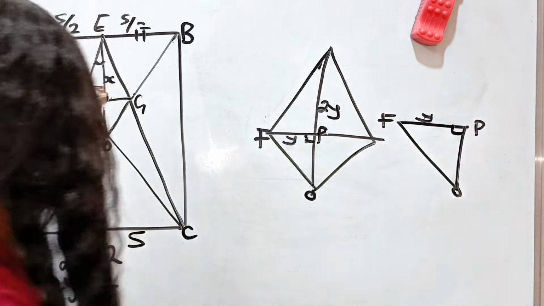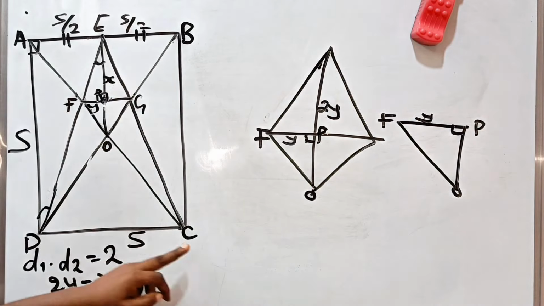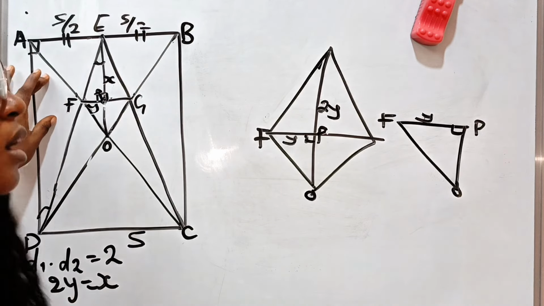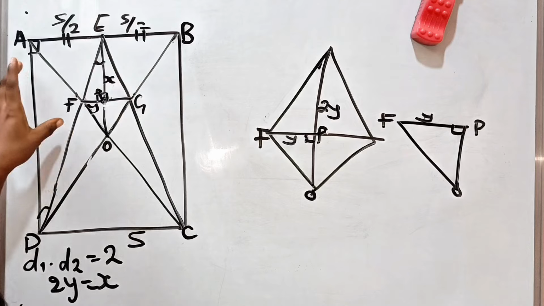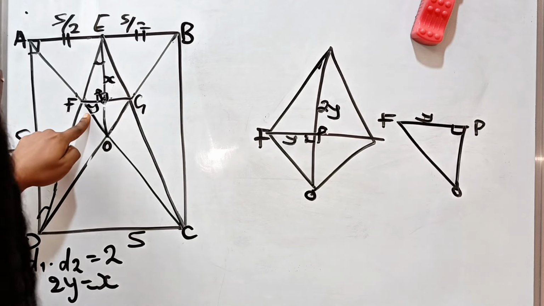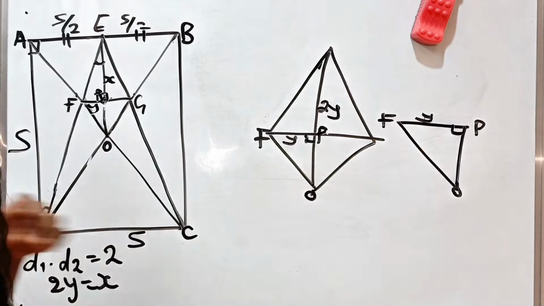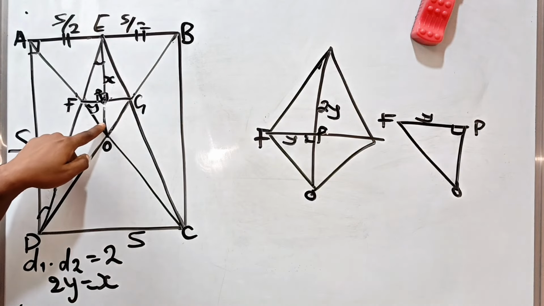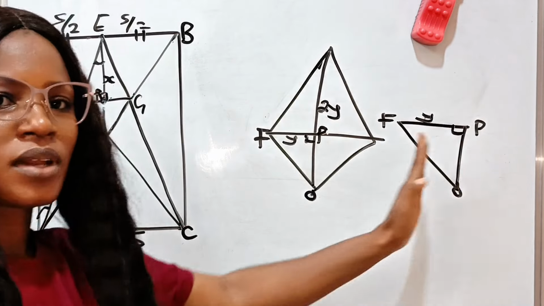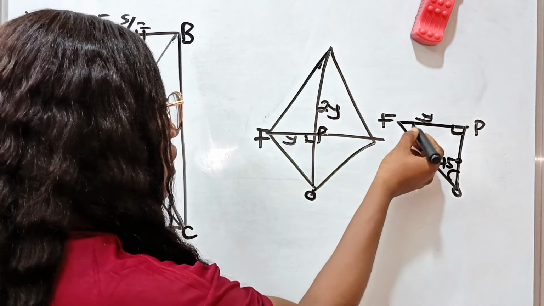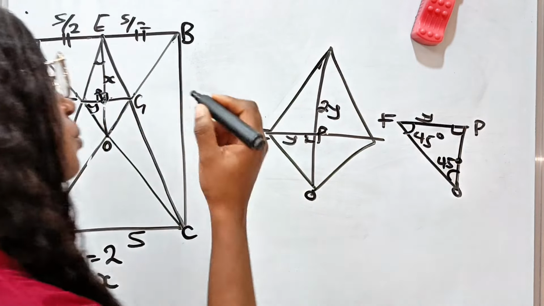Now I want you to look at this. You can see that AC is the diagonal of this particular square. And since AC is the diagonal and it lies on the hypotenuse of this triangle, it simply means that it makes an angle of 45 degrees with this vertical line. So definitely here is 45 degrees. Therefore, here is 45 degrees as well.